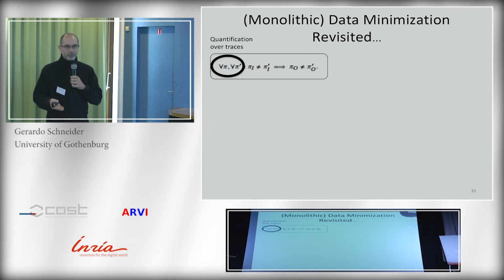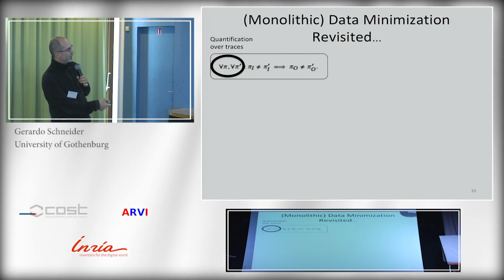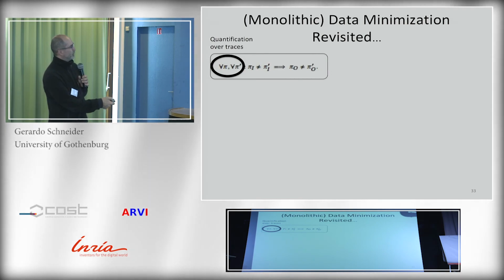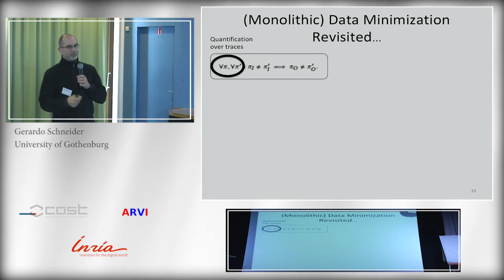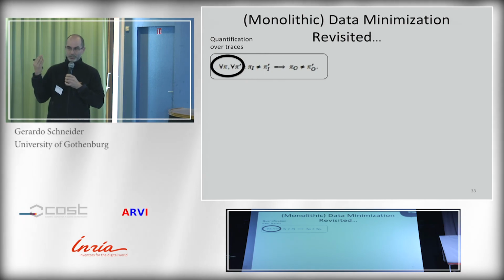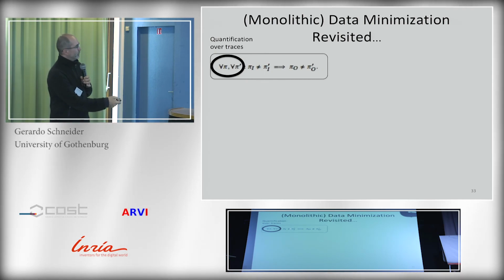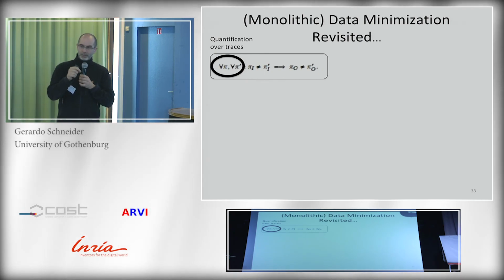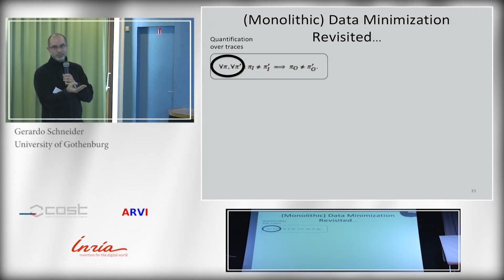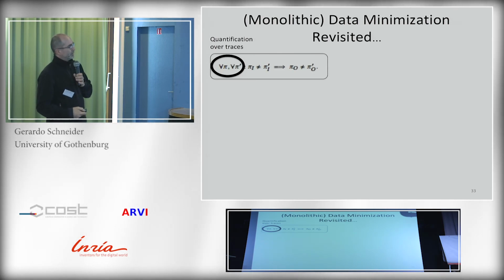As you can observe, here we have quantification over traces. Remember, this is a hyperproperty. The subindex I is the projection on the input and O is the projection on the output. What this formula says, as was written in English before, is that if I take two traces whose inputs are different, then when I observe the outputs for the corresponding inputs, the outputs should also be different. So this is the definition in HyperLTL for data minimization.